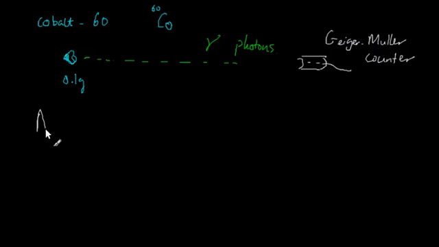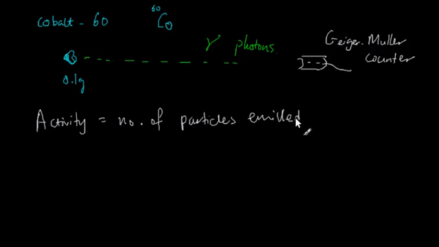So if I write this down, activity is equal to the number of particles emitted per unit time. To be precise, number of radioactive particles, which can be alpha, beta, or gamma particles.